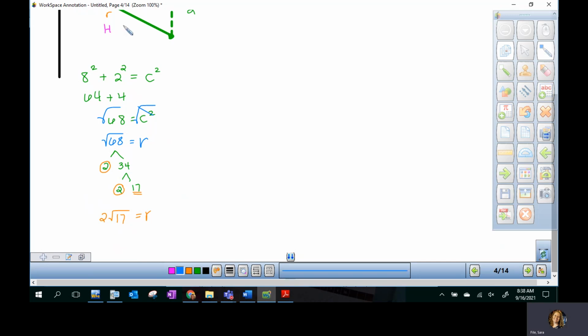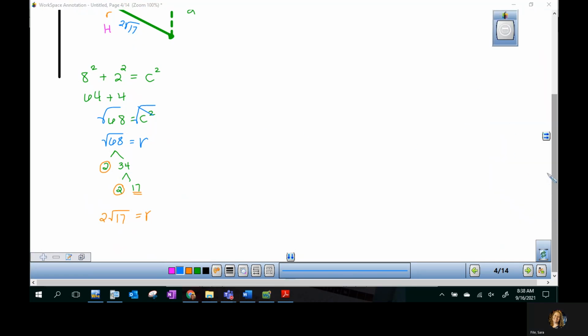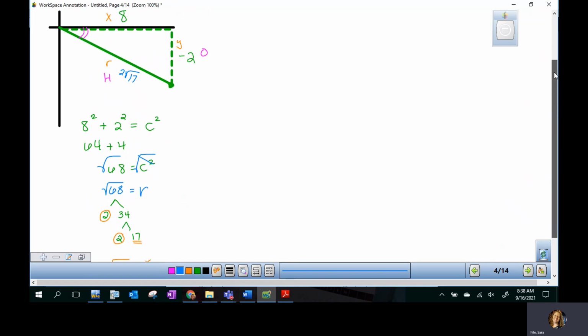So 2 root 17 is that third side of the triangle. None of your answer choices are going to look like the unreduced form. They're all going to be reduced. So you need to be able to know what's equivalent, because you're going to see the simplified radical.